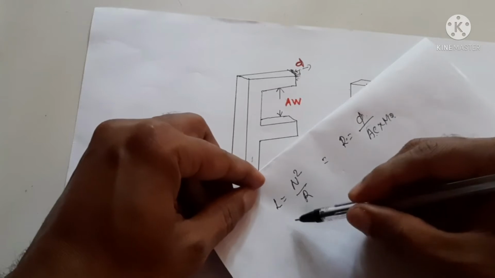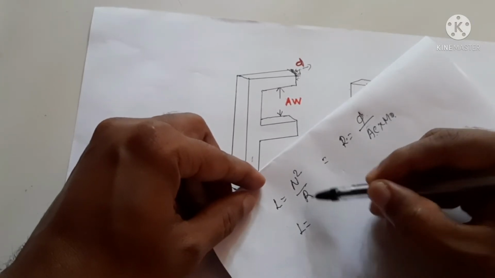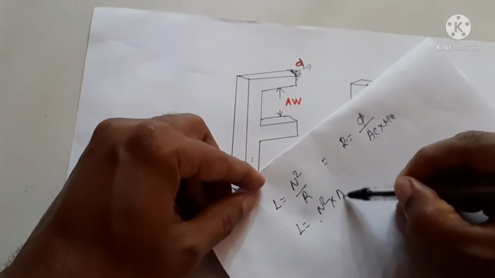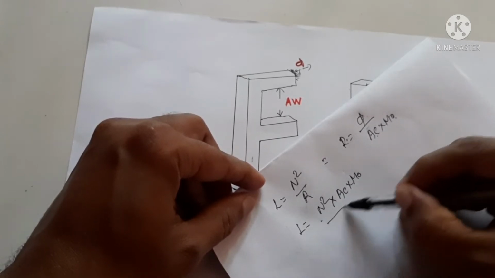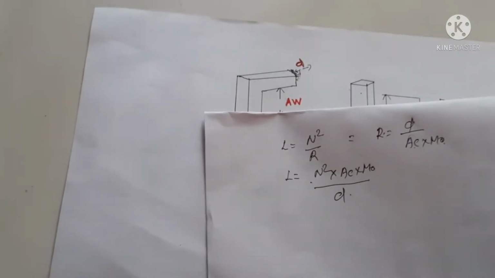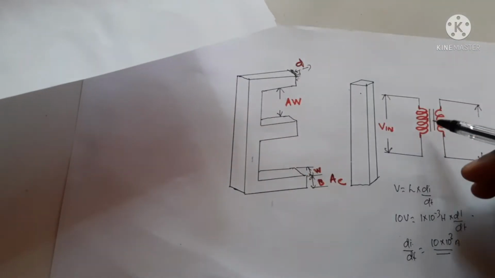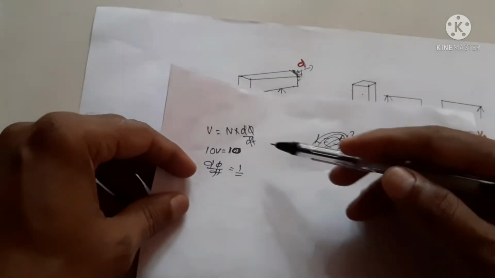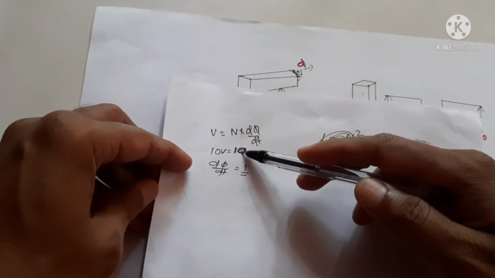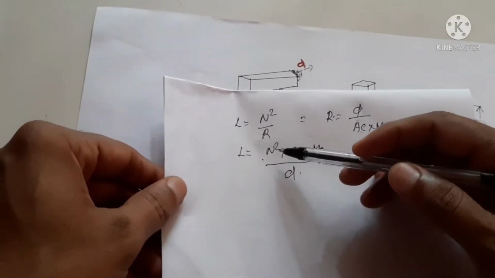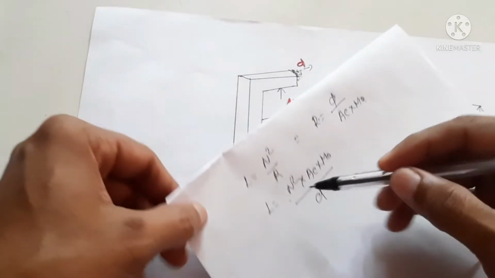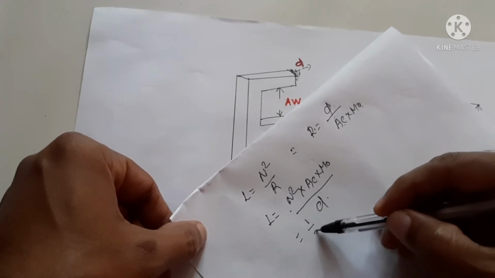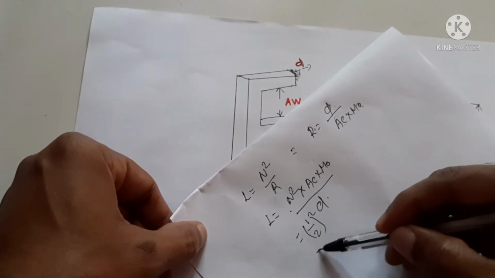So from this, L is equal to N square by R. If we substitute, this will be AC mu 0 by D. If we decrease the turns by half, earlier the number of turns was 10, now we decrease it to 5. Since this is N square, when the number of turns decreases to half, the inductance decreases to half square.